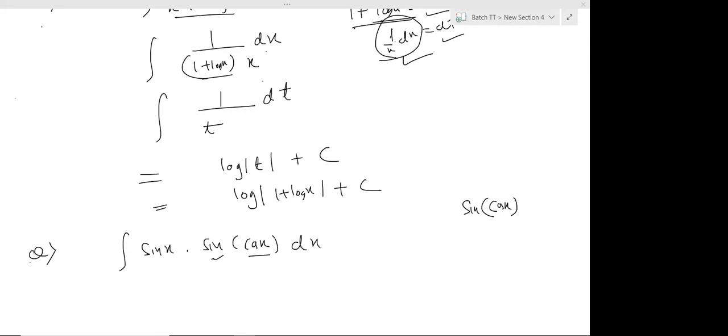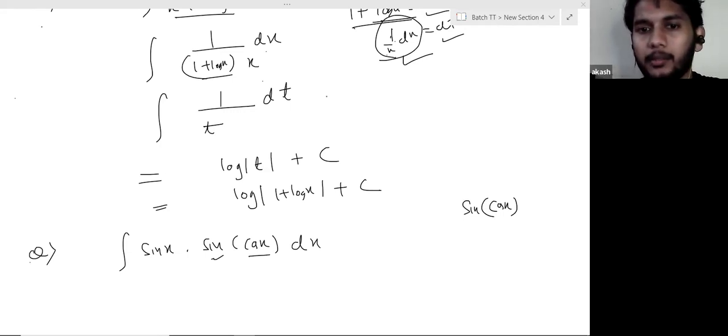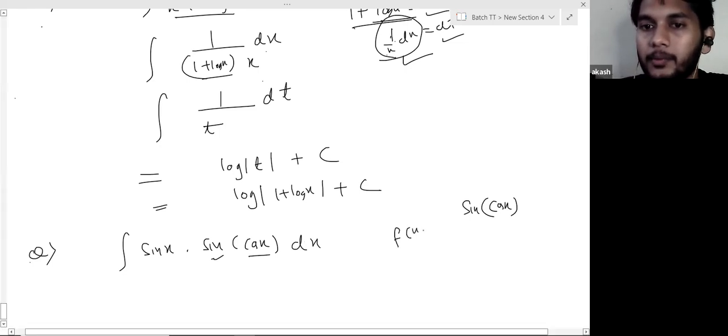Ahmed, just think about the question. All right. Take your time, no worries. Because the more questions you try to think, the better you will be at solving this type of questions. What you have to find? You have to find a function and its differentiation. So just think about all the functions you can see here, and look for a function which if you differentiate, you will get f dash x dx, this thing.